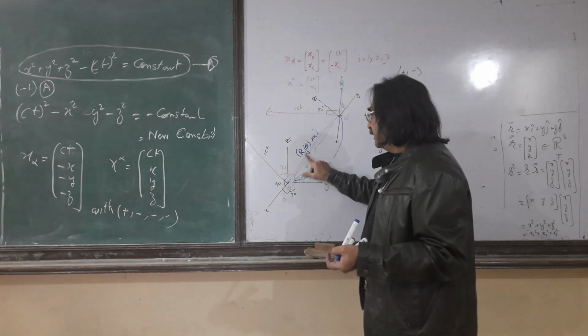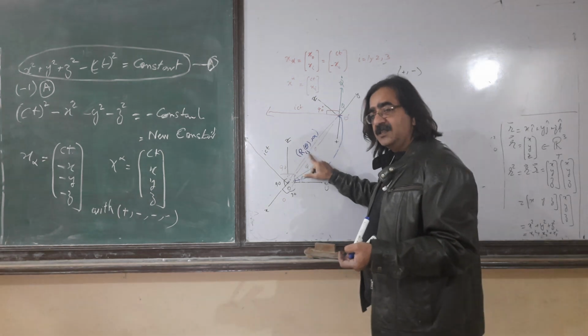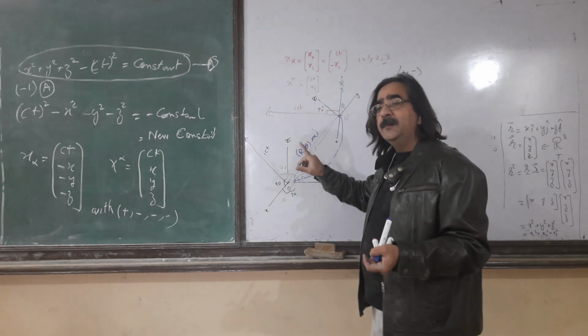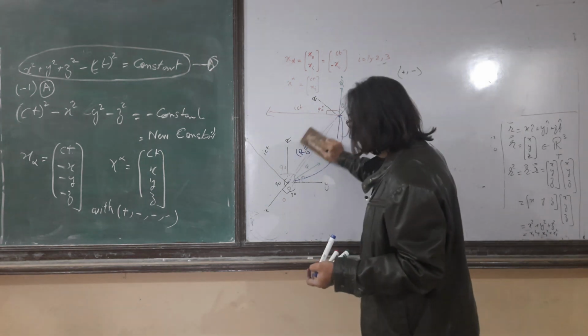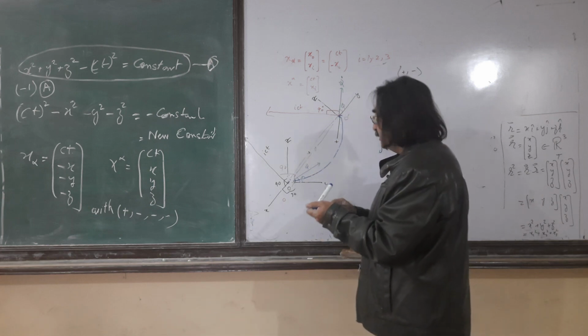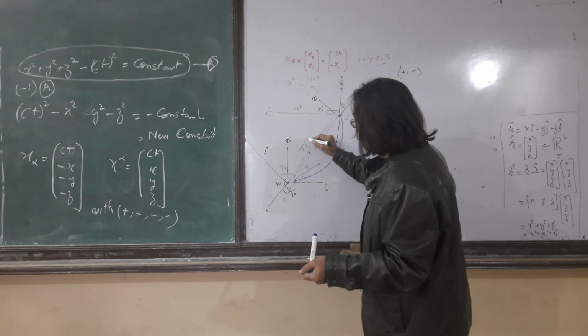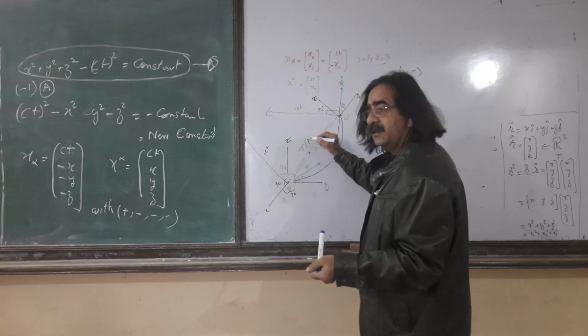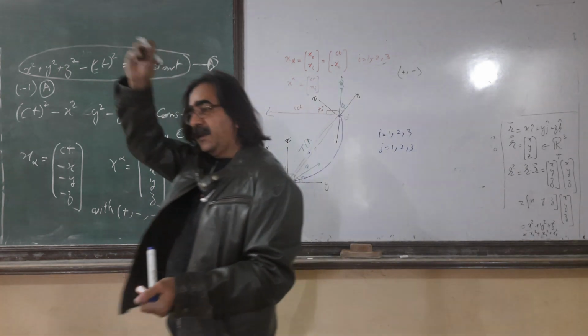Now here was this ij, now this will not be ij; this rotation is represented by this transformation, gamma cap.